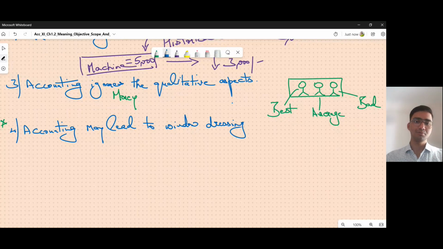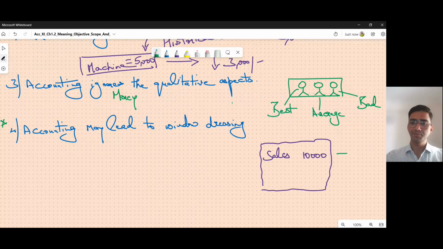See, you can show your books of accounts, and whatever you show is supposed to be authentic. But there are some people who, while maintaining their books of accounts, instead of writing my sales as 10,000, they don't write it as 10,000.